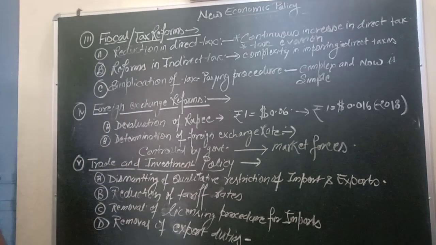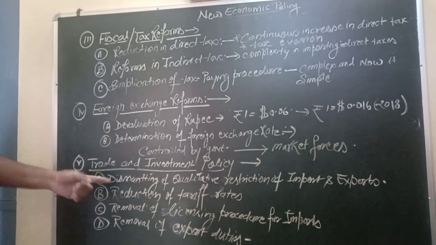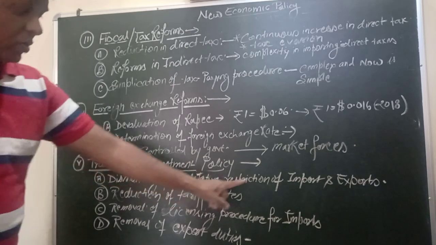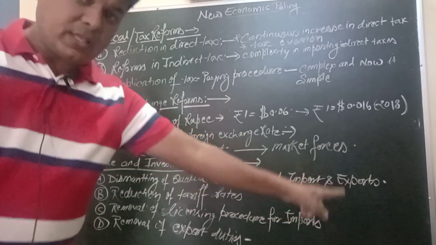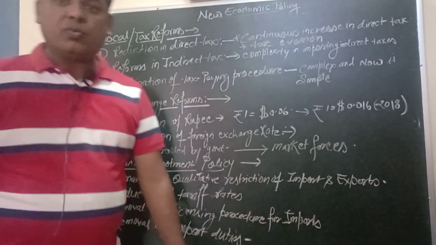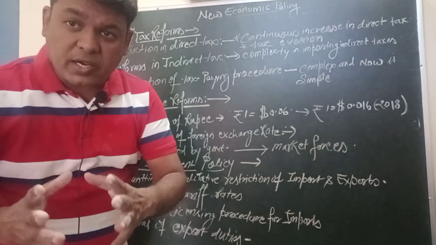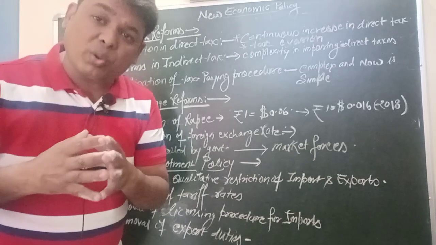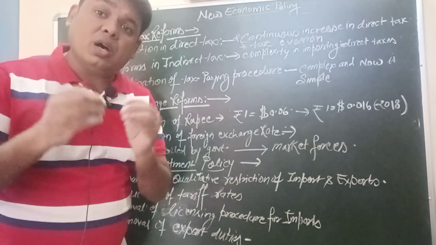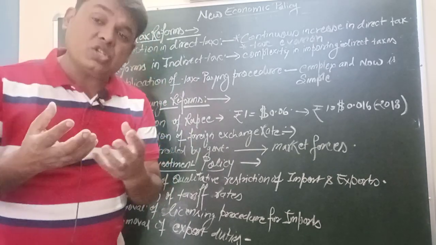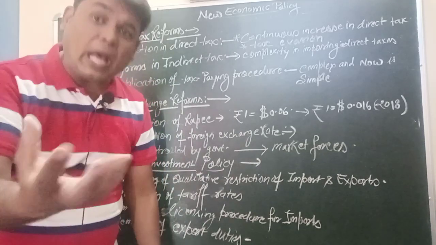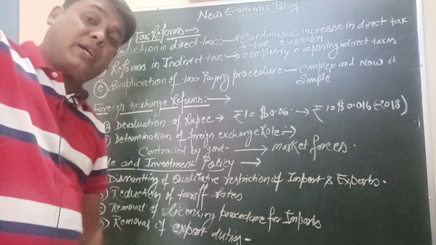policies. What is happening? First one is the dismantling of the quantitative restrictions on imports and exports. What is that? Before 1991, it was restricted by the government. There were restrictions on the imports, that in this quantity you have to import or you have to export.